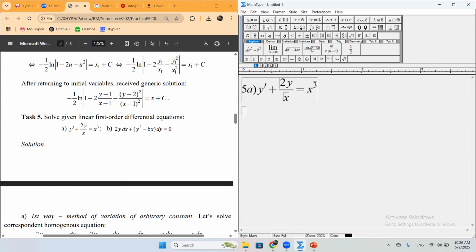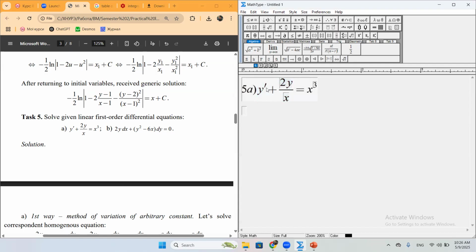So there are two methods. The first of them is the method of variation of arbitrary constant. The second method is Bernoulli's method. Let's solve this equation with the method of variation of arbitrary constant.